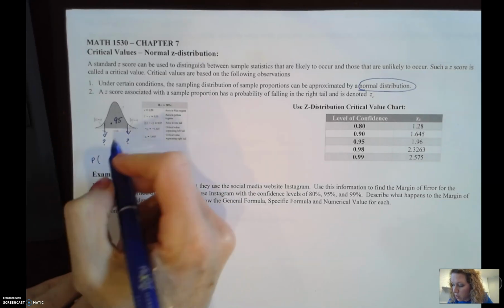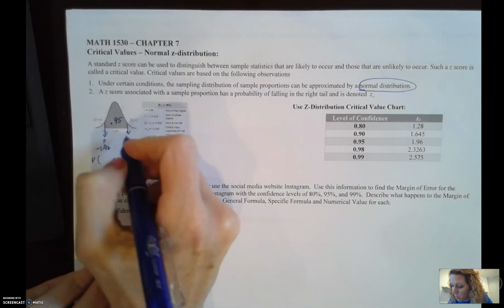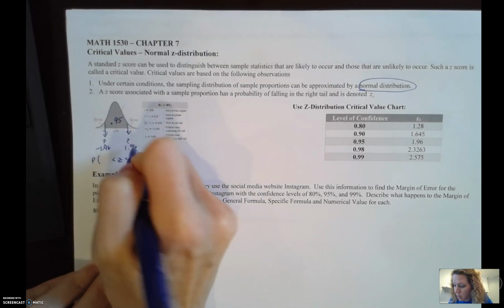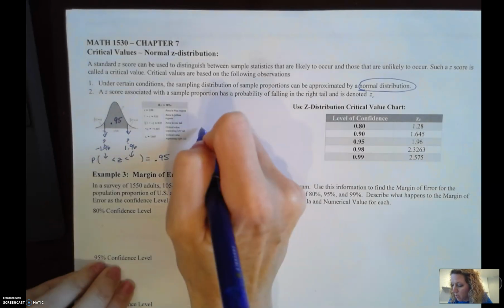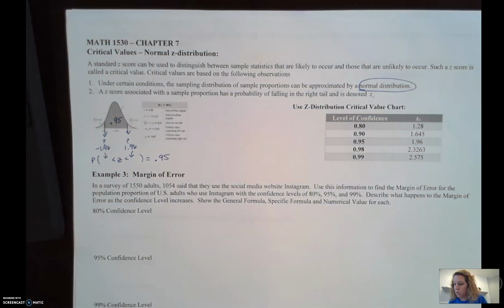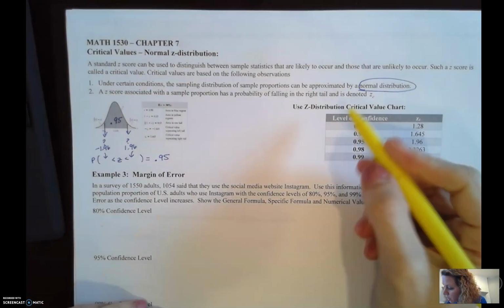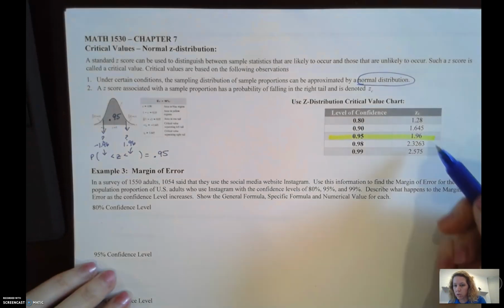And when you did that, you got negative 1.96, and you would get positive 1.96. So those were the values in there. So if it's a 95% confidence level, we're only going to use the positive z critical value of positive 1.96. So that's how to get the critical values. Pretty much just look on the chart.